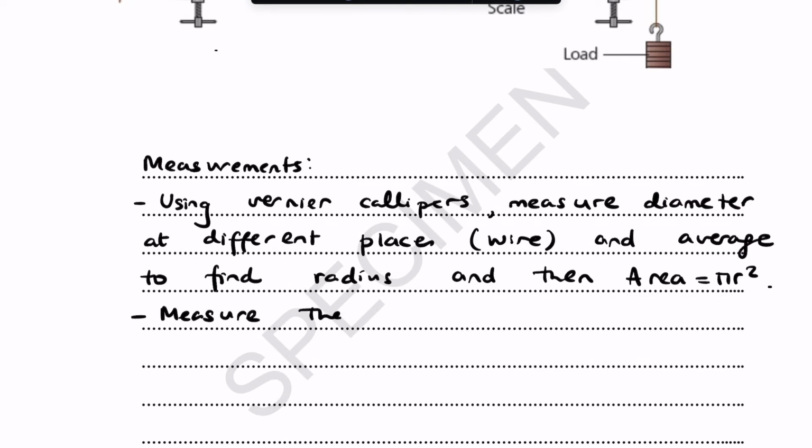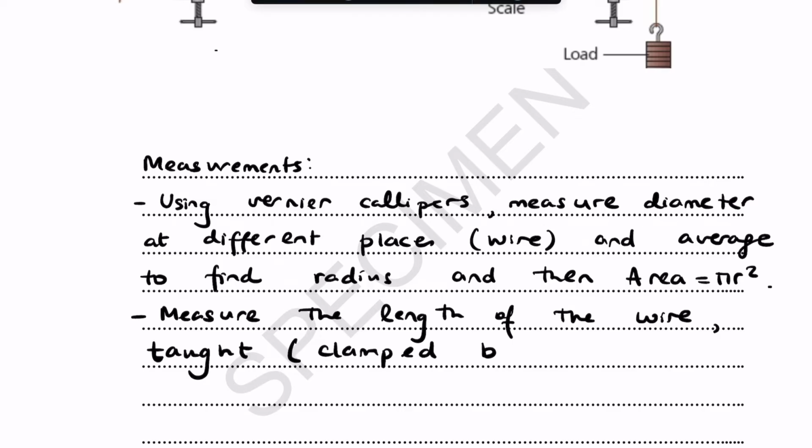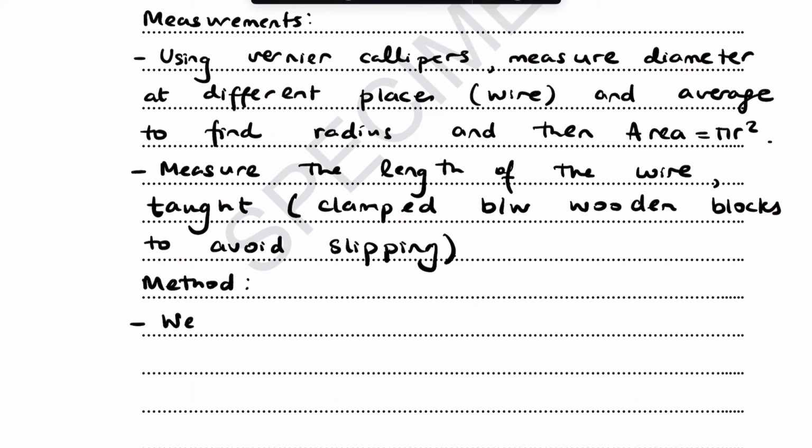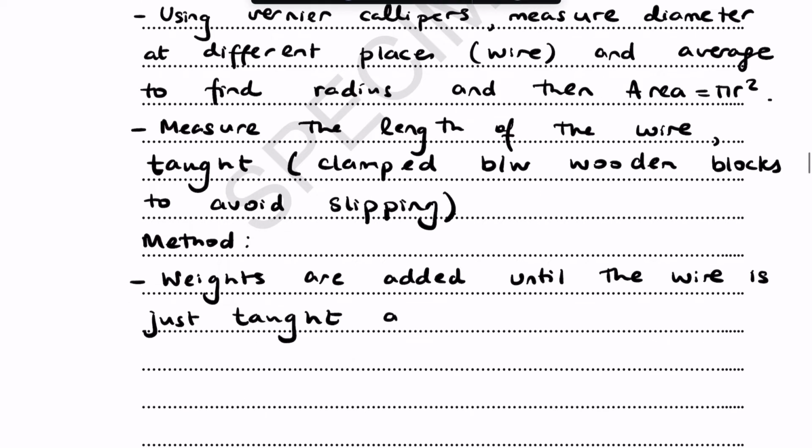And then we have the weights, which are added on until the wire is just taut, and then we make an initial reading of the marker. We can then add on more weights and read off the extension and record them as well.